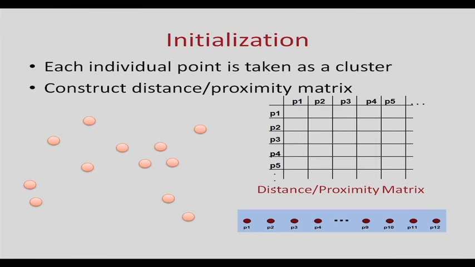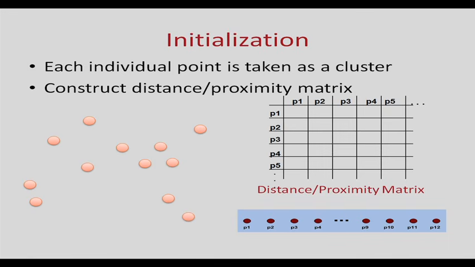Now, the initial step is every point. So, this is the set of objects. Initially, every object is a cluster by itself. So, every point is a cluster, and if there are m points, we have an m by m proximity matrix between each pair. So, there will be m square pairs.